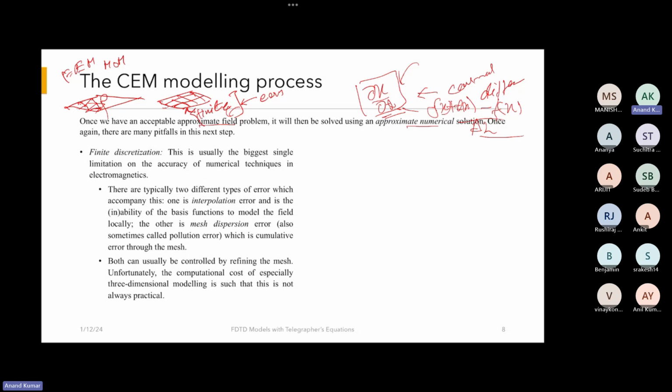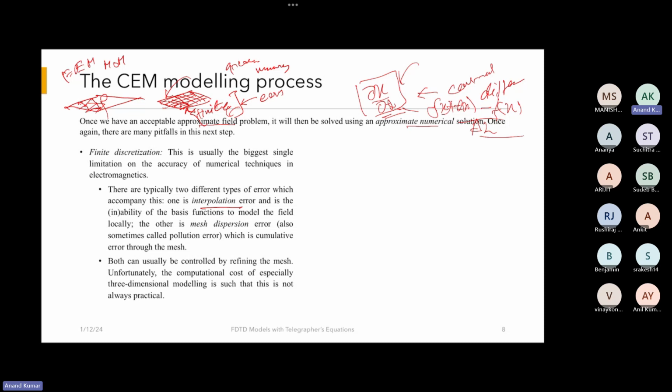And for a better model, we can use finer meshes. If we use finer meshes, this will give you better results. But using a finer mesh will require greater memory. There could also be interpolation error, which occurs if you're solving at different points.